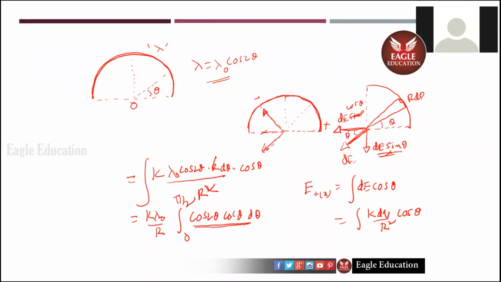Sir, cos 2 theta is 2 cos square theta minus 1. If you do, you'll get it.